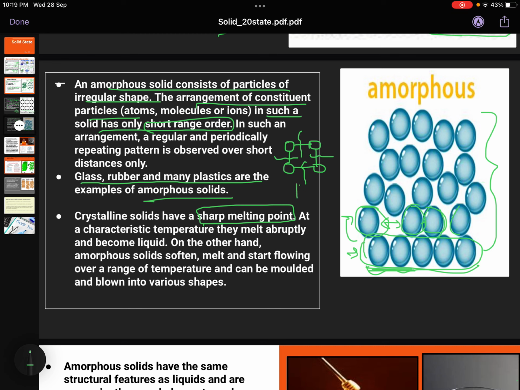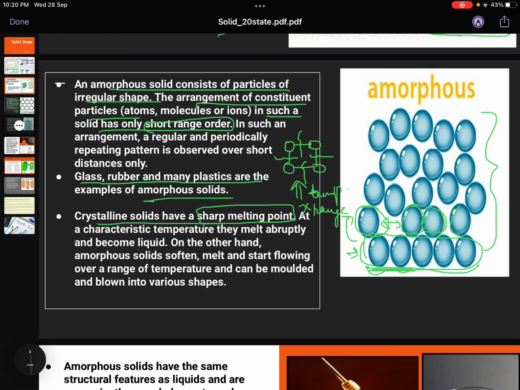So if we apply a particular temperature, all the bonds will be broken at the same time. They will not require a range. They require a particular sharp temperature at which all the bonds break at once. That's why crystalline solids have a sharp melting point.